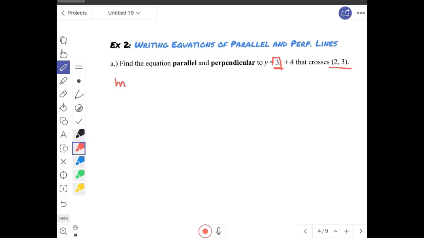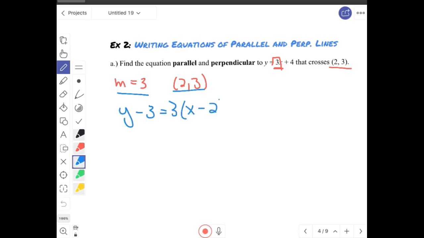So we'll deal with parallel first. That means our slope is 3 and our point is (2, 3). Again, I'm going to do this two different ways. The first way, I'm going to use point-slope form because we're given a point and a slope. So that would be y minus y1 equals our slope, and then x minus x1.